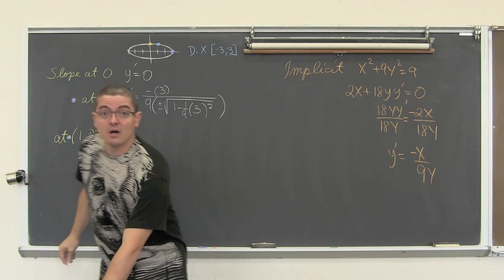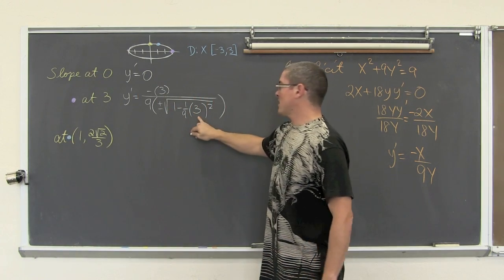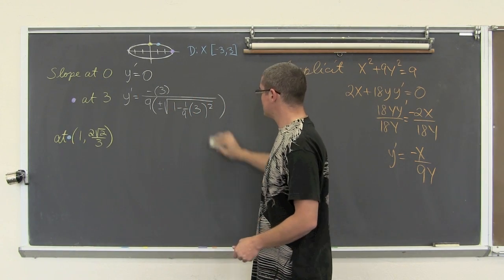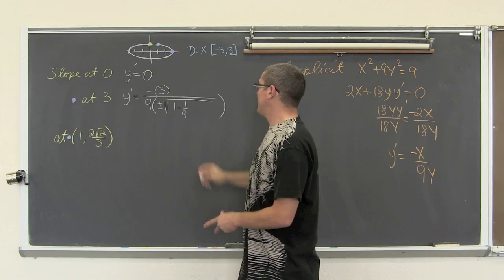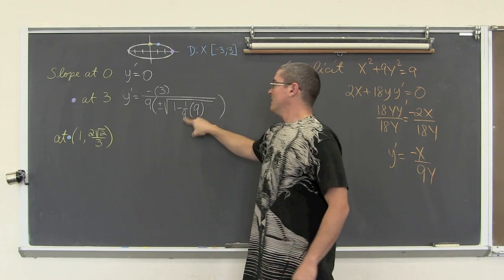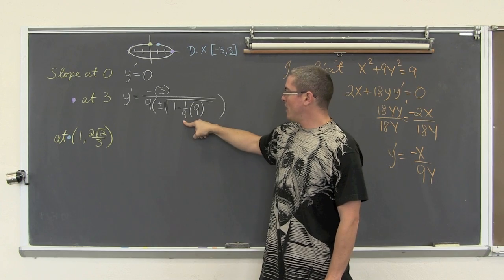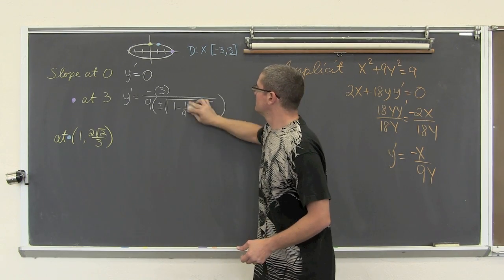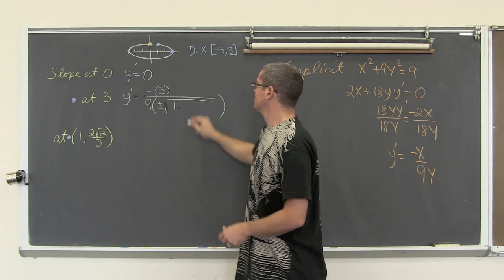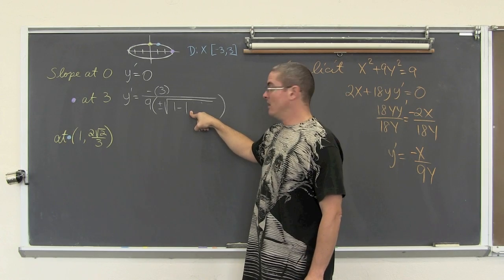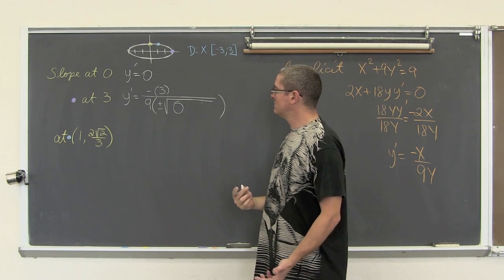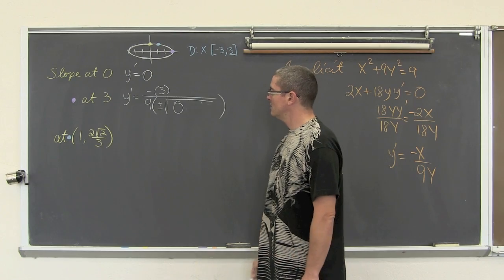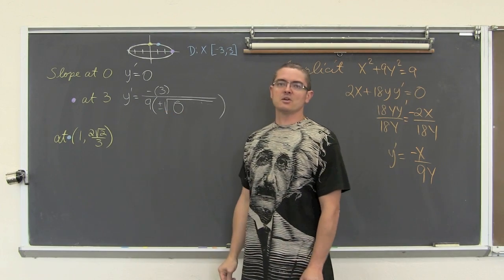So let's see what's going on here. We have 3 squared, which is 9. 9 times 1/9 is equal to 1. 1 minus 1 is 0. The square root of 0 is 0, so 0 times 9 is 0.